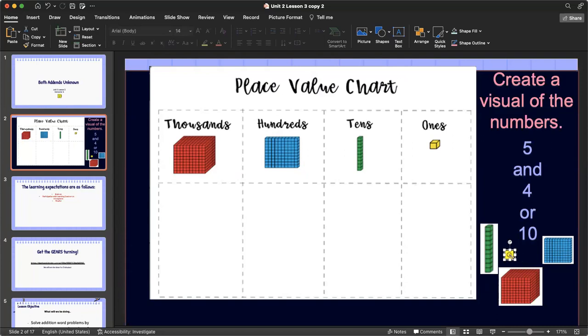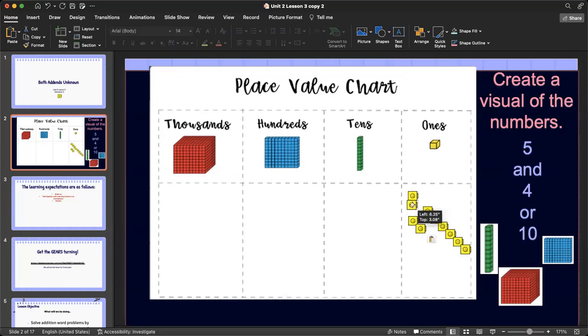There are 2 ways you could make the number 10, but one way is you could add in 1, 2, 3, 4, 5, 6, 7, 8, 9, 10.